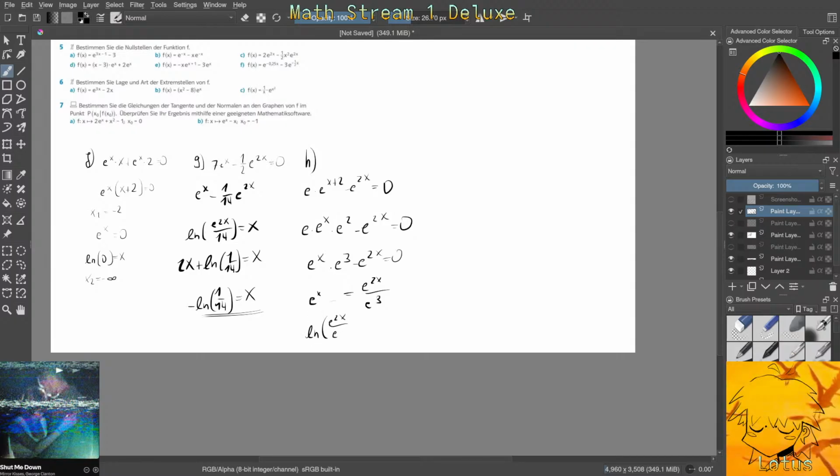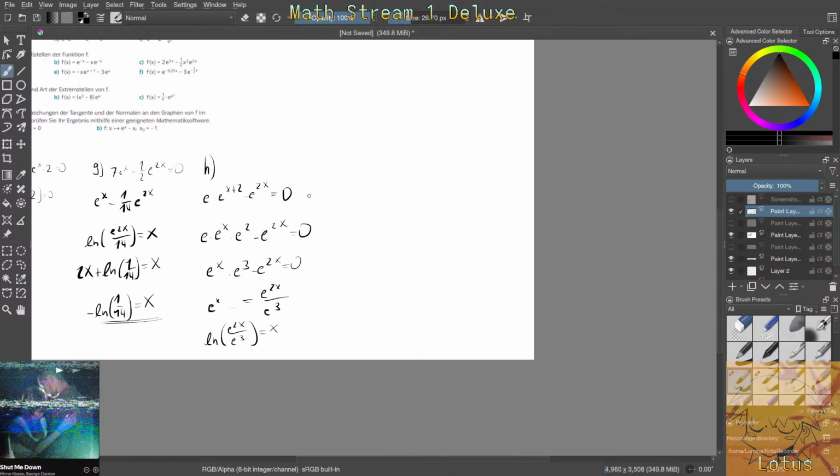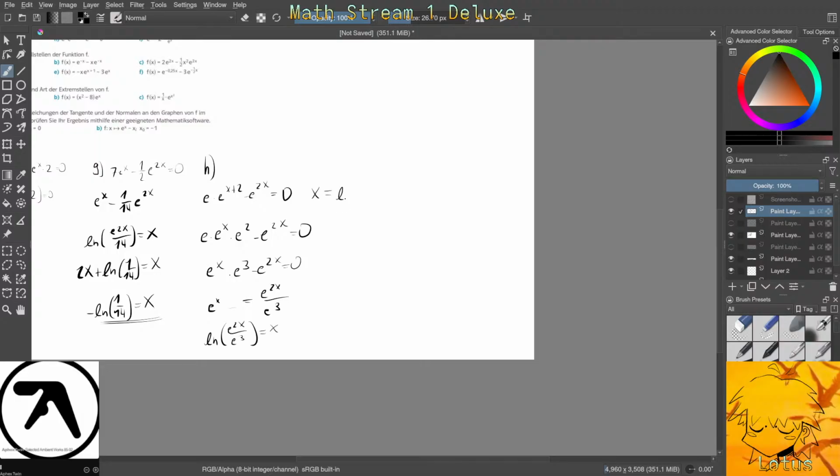e to the 2x divided by e to the 3 equals x, which means x equals, and then you have ln, no, minus ln. If that's right, then I think I got it. x plus 2 minus e to the power of x 2x equals 0.